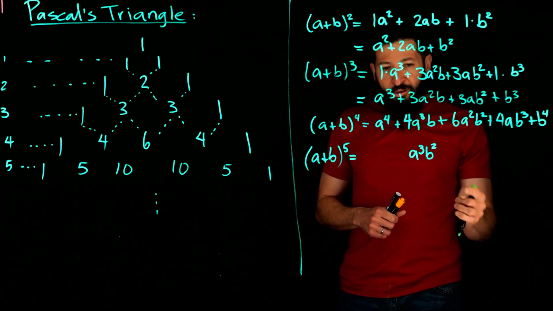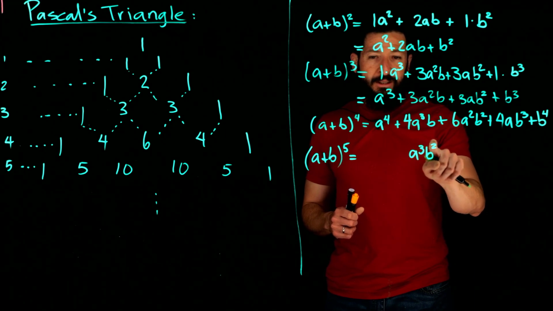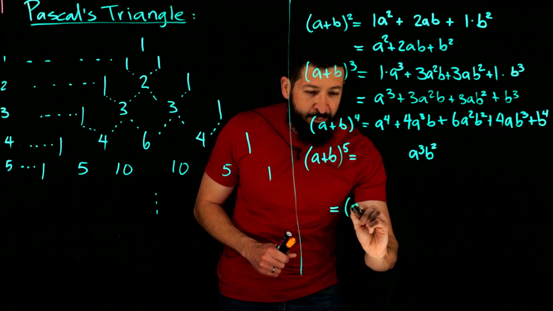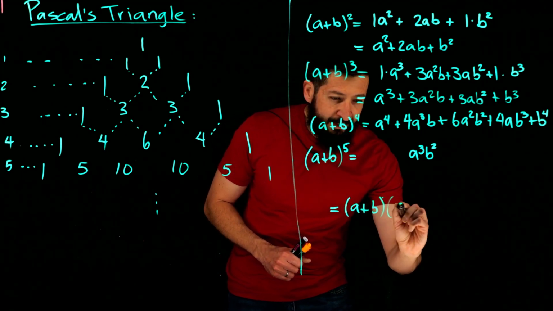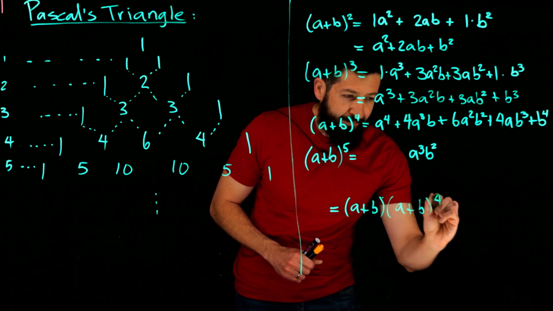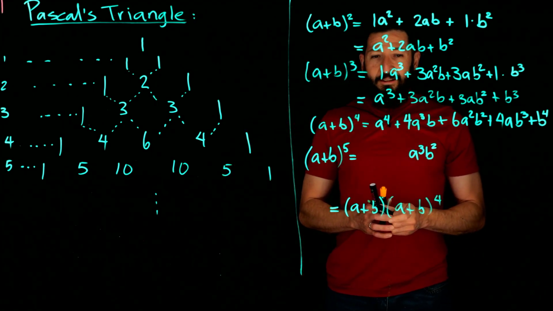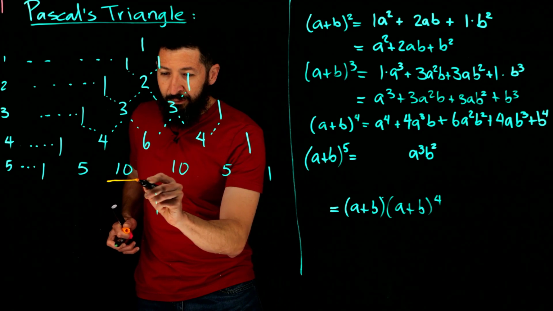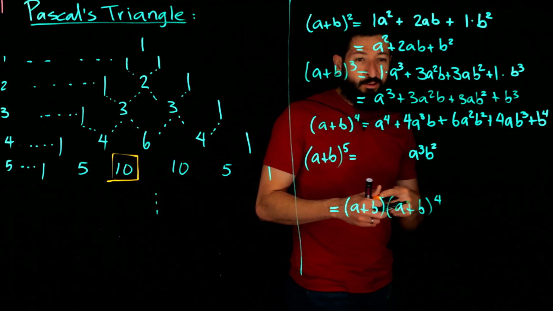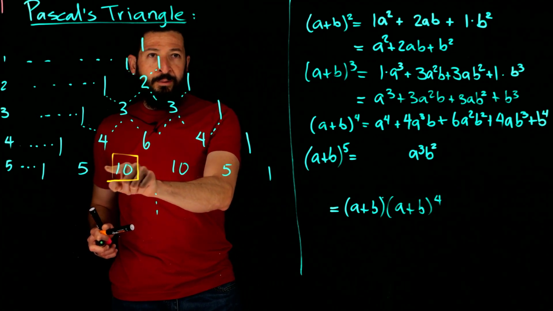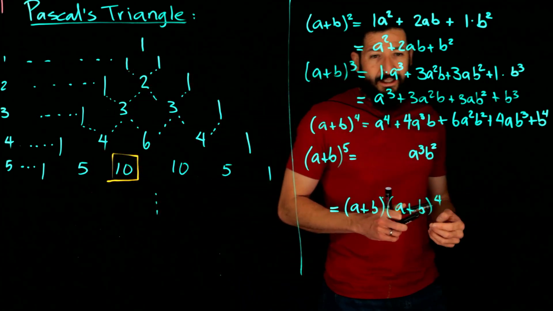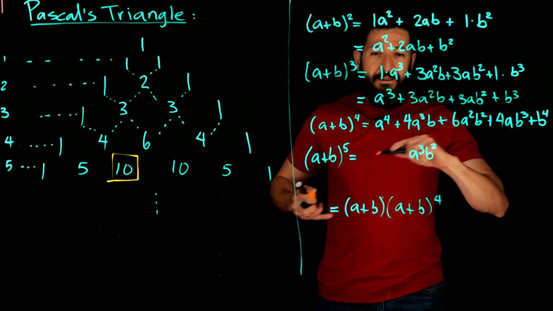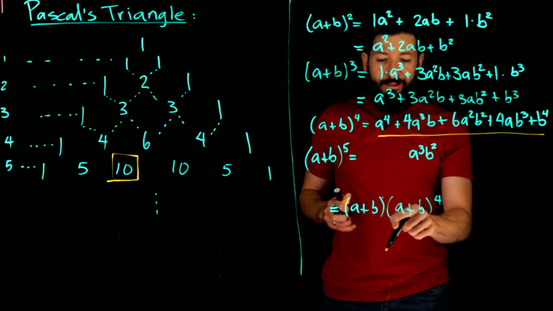So how can I get a term here from the expression above? Remember, a plus b to the 5th is a plus b times a plus b to the 4th. Firstly, let's locate where this term would appear. It would appear with this coefficient if I were to compute it with Pascal's triangle, because you start with a to the 5th, a to the 4th, a cubed. So we hope to get a 10. And how does that happen? Whenever I FOIL this out, I'm multiplying this expression times a plus b.